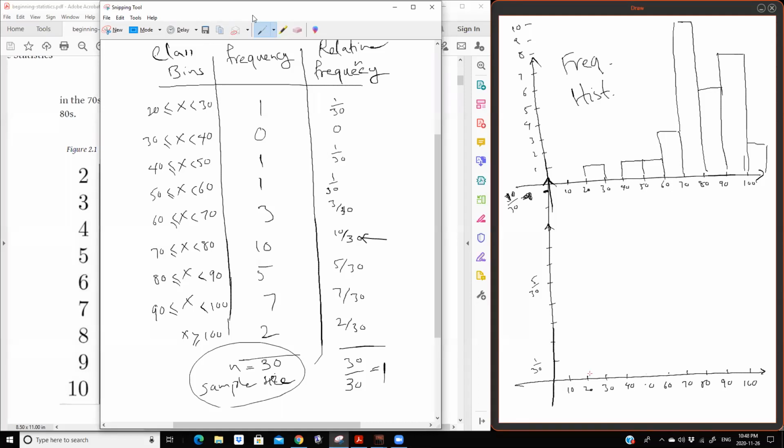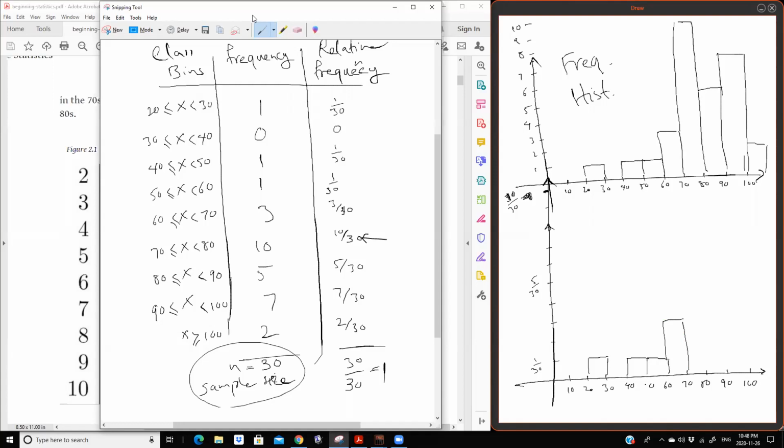So between 20 and 30, the relative frequency is 1 over 30. Between 30 and 40, nothing, then 1, then another 1. Then you have 3 over 30. Between 60 and 70, 3 over 30.